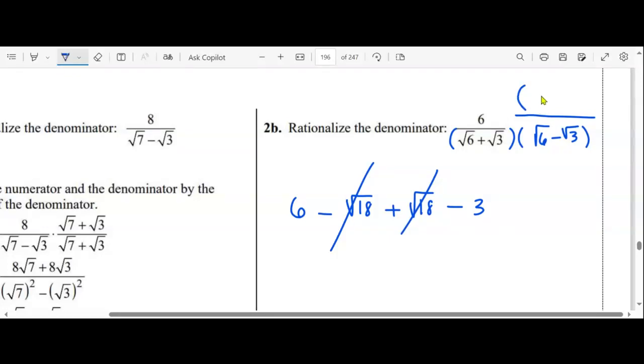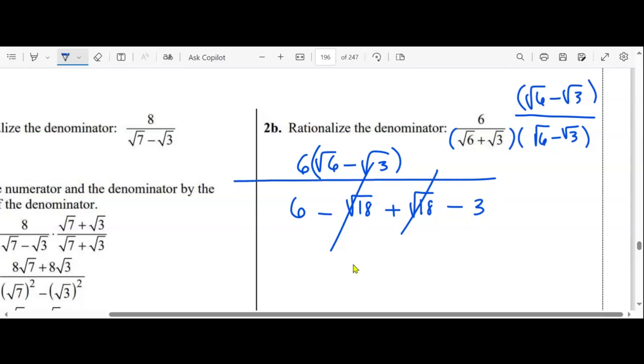Okay? And if you multiply the bottom, you multiply where? The top. So in the top here, what do we have? 6 times square root of 6 minus square root of 3. That's the top. So your final answer will be what?